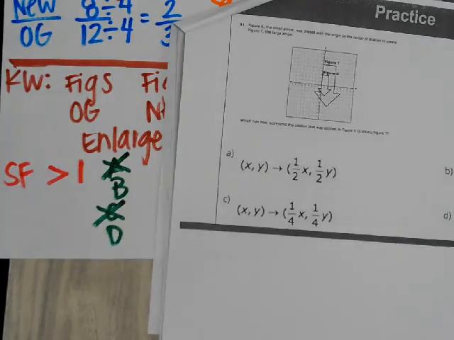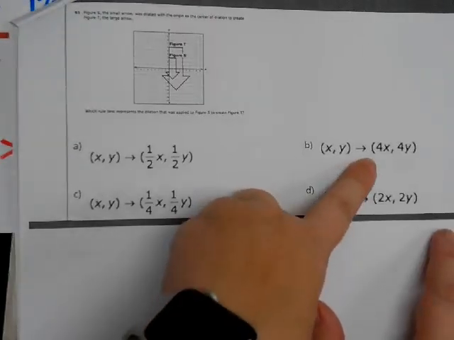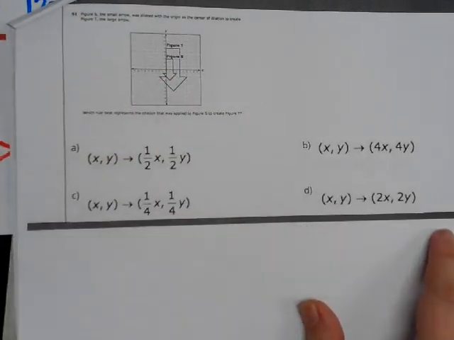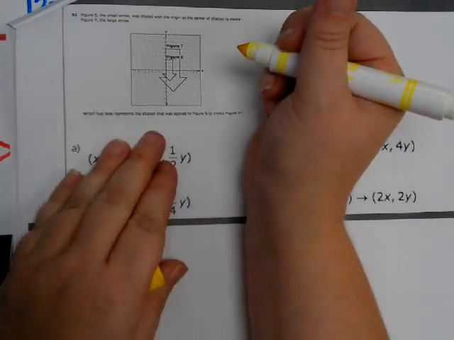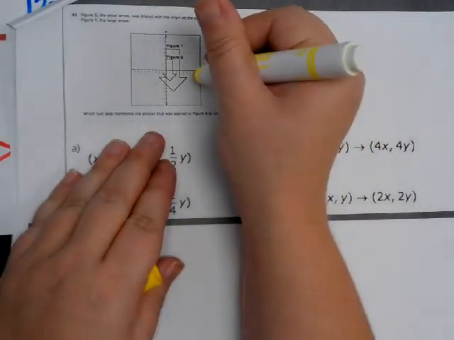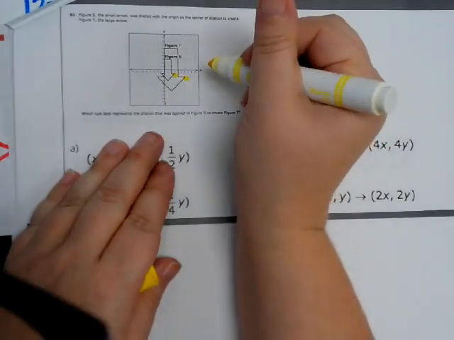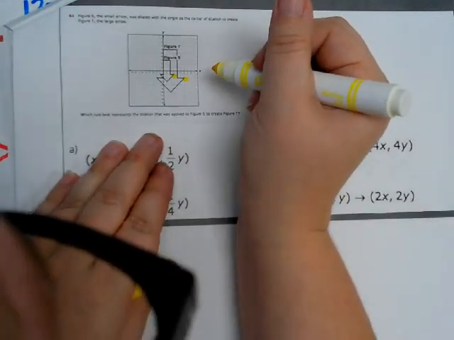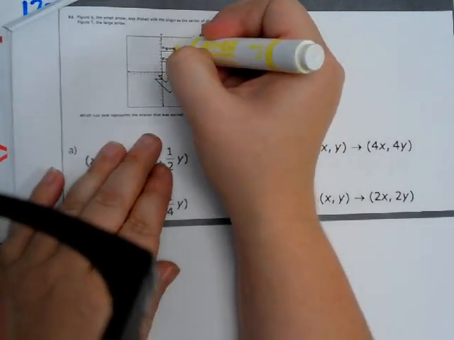Okay, now I have to get a point because I can't tell from my picture. So I like to use a point that's positive. So I'm going to use the ones right here. We said positive, right? Okay, so then we'll do right here.